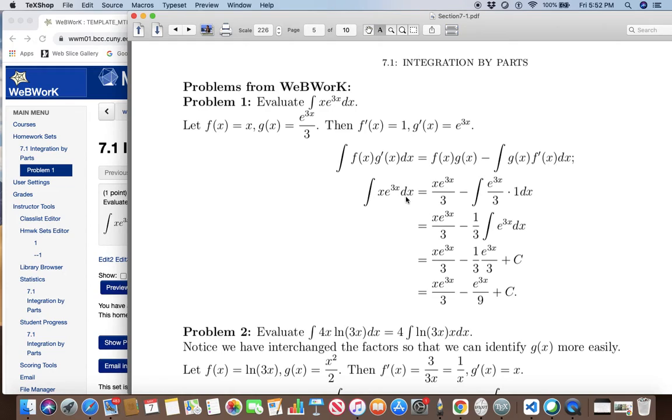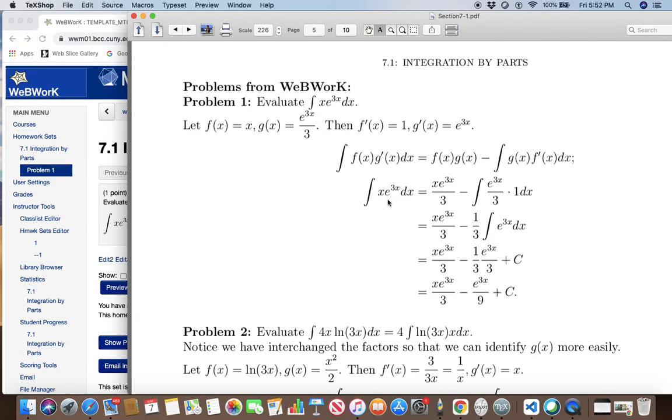Integral x e raised to 3x dx is fg, x e raised to 3x by 3, minus integral g f prime. Derivative of f is simply 1. So this fetches us negative 1/3, that's the constant term, integral e raised to 3x.